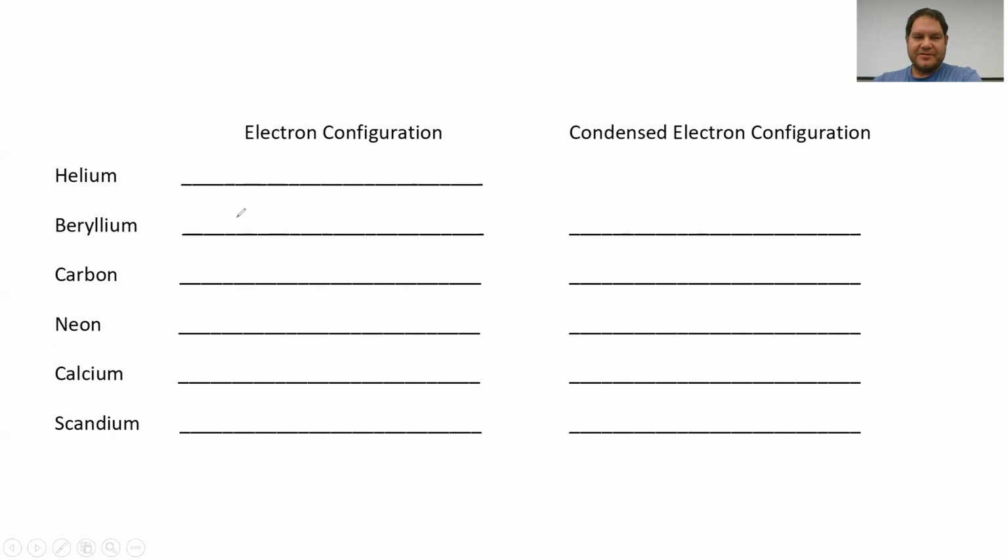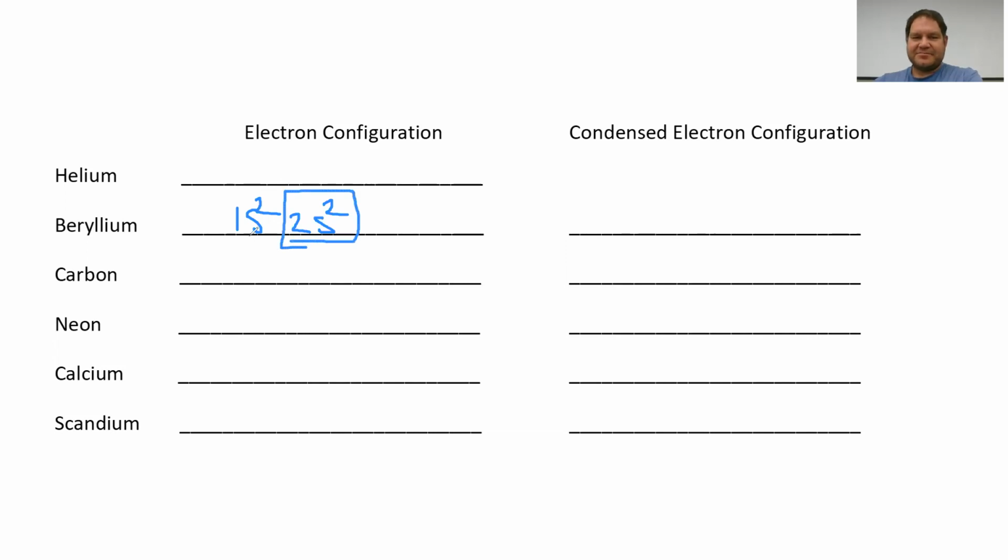So if you look at beryllium, it has a 1s2 and a 2s2 structure. So what we're going to do is we are only going to show the most important electrons in the atom for the condensed electron configuration. So that would be the valence electrons here, the 2s.